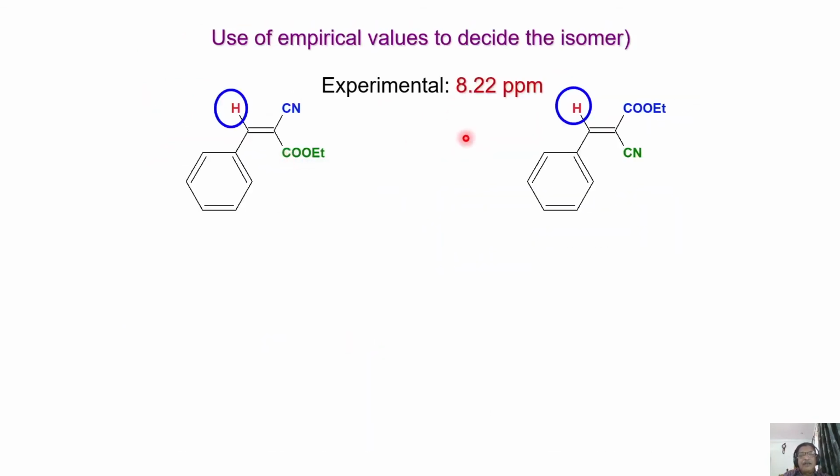And in one of the examples like this, the question was whether this is the molecule or this is the molecule, that is, whether COOEt is cis to this proton or trans to this proton. Because the experimental value was 8.22.